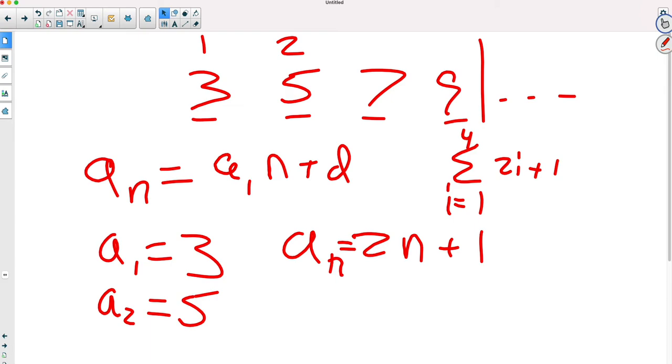No, in front of the n plus d. A of n. This is the formula we had in the book. If you're a formula person, this might help you. This would be your first term and then plus some d. But for most, it's just easier to hop right into this. What's the n going up by? 2. How do I get the first term to be 3? You got 1. Okay?